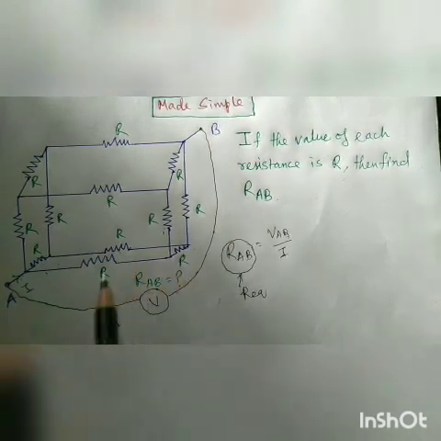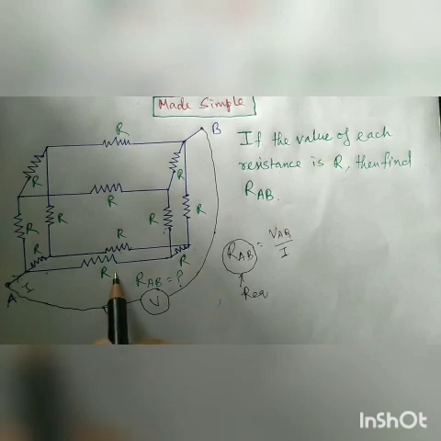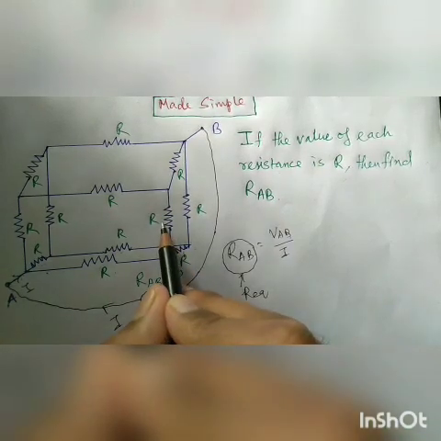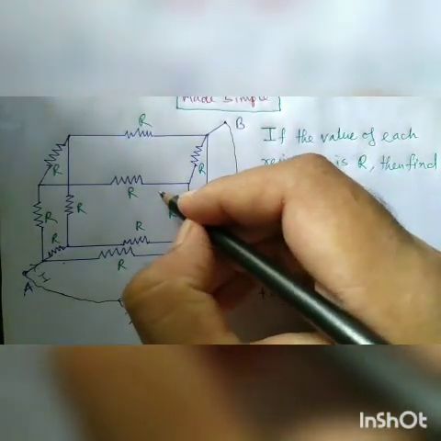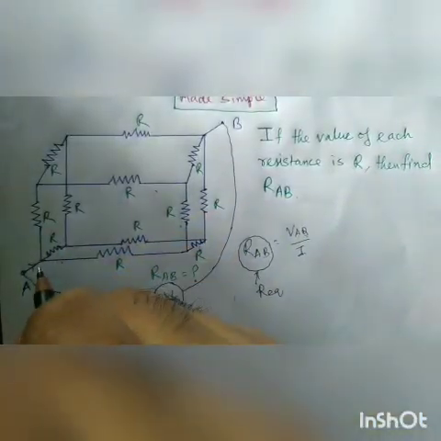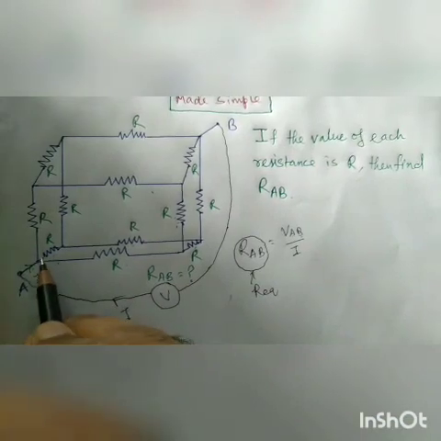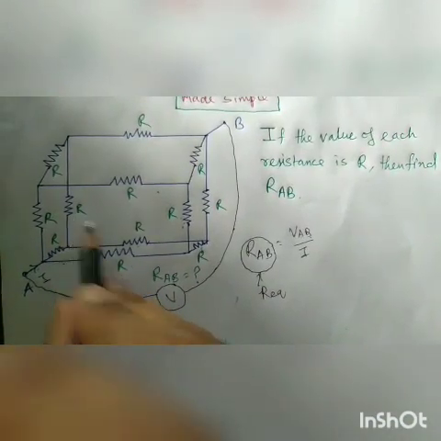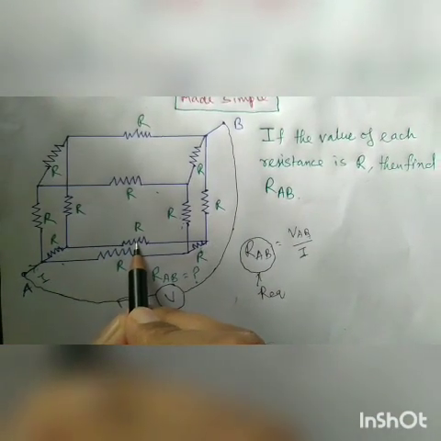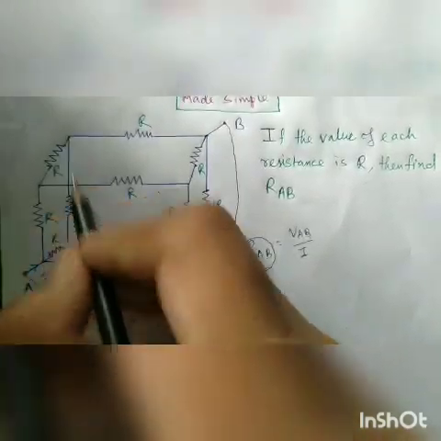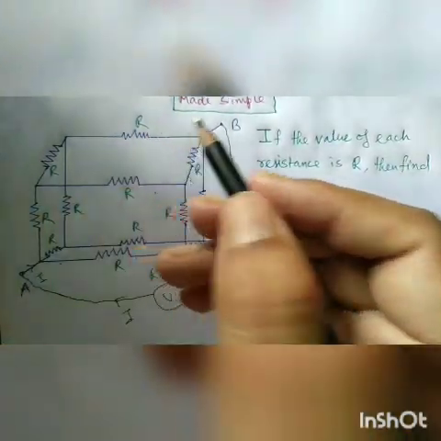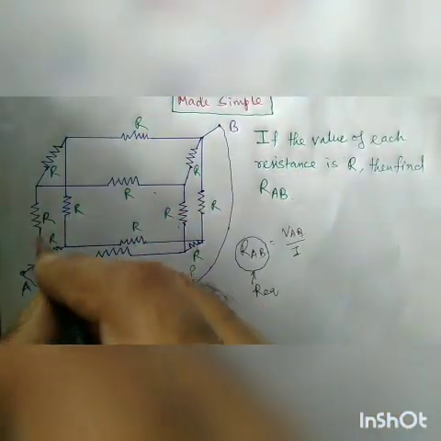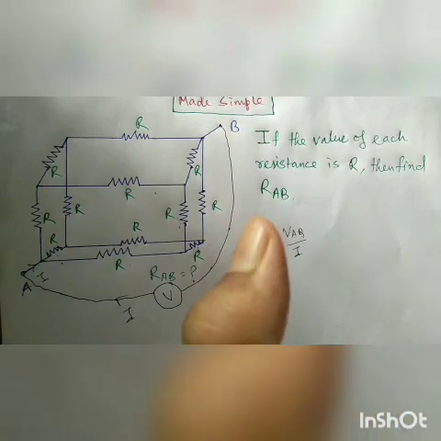Likewise here R, then two R's, it gets divided, then there is R. If we check this path also, one is R, thereafter there is one R, and if we take this path, this will also get divided into these two parts. All the resistances are the same, so every path is subjected to the same resistance.